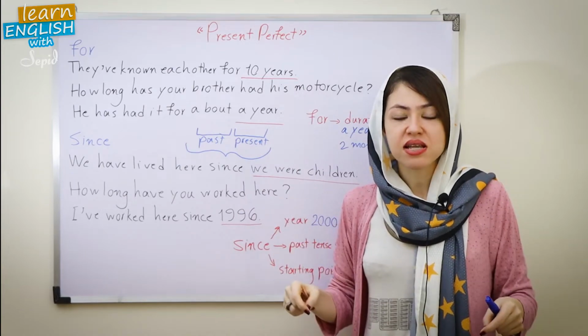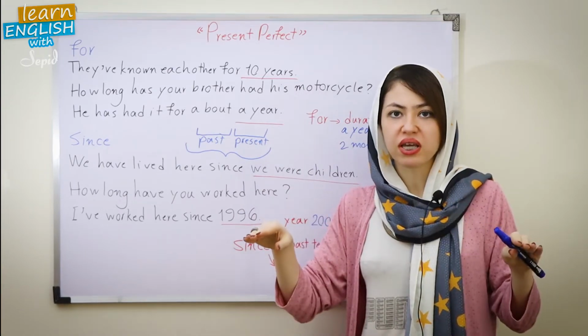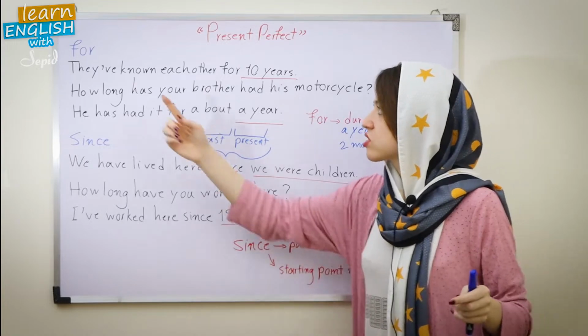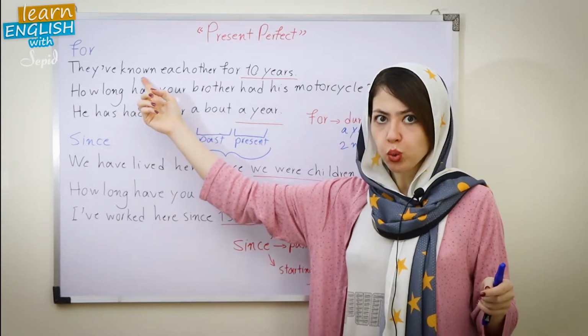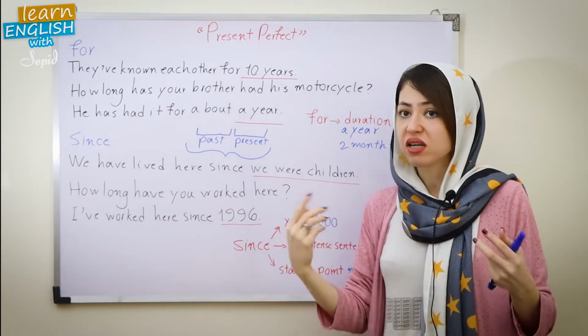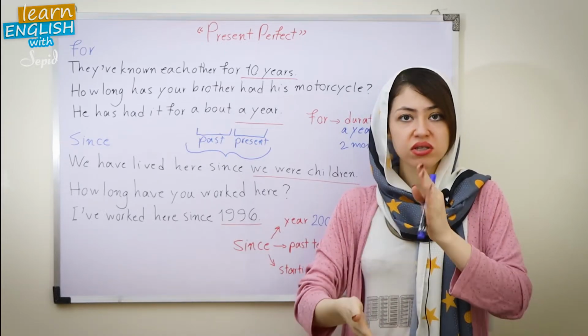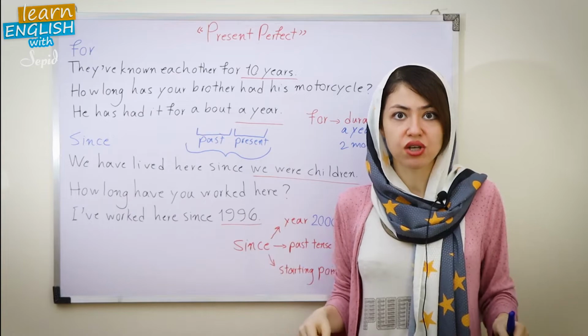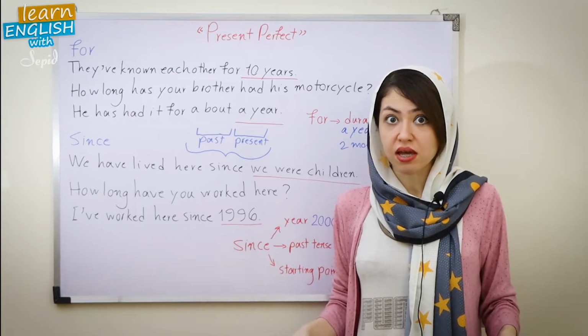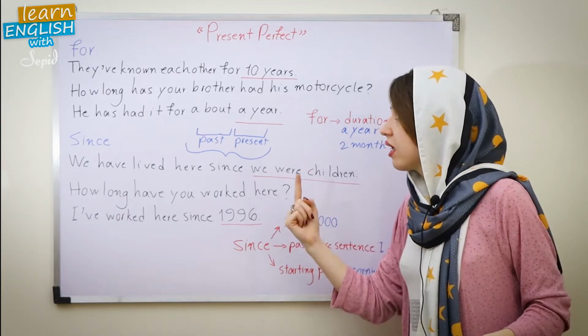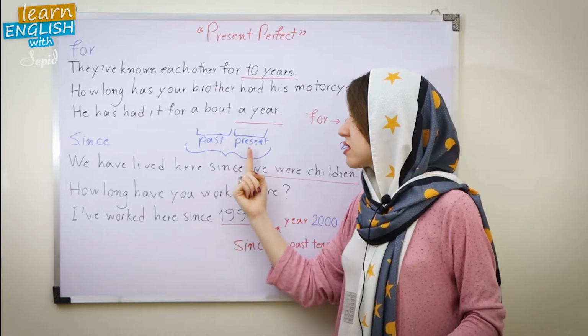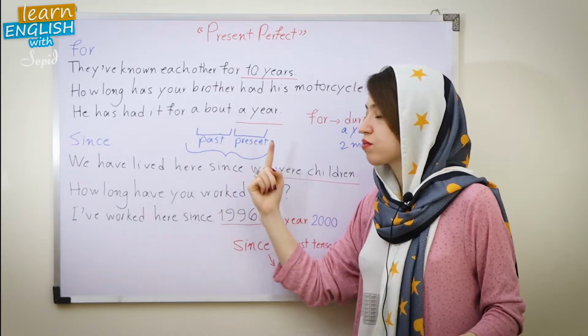If we use past tense, it's gonna be totally wrong, okay? So, they knew each other for 10 years. It means right now they don't have any relationship. And we don't mean this, okay? We mean if we want to talk about the past and present, we can use present perfect.